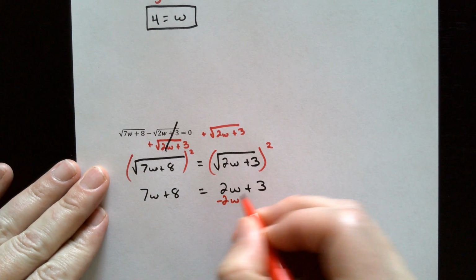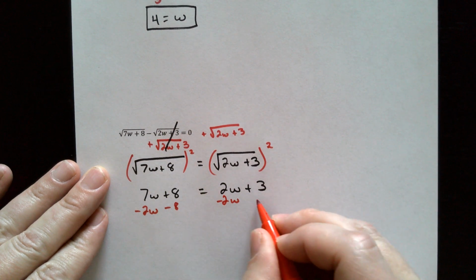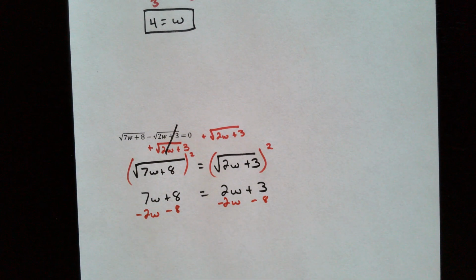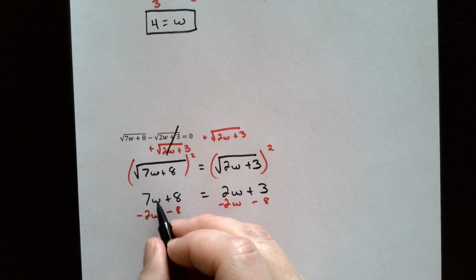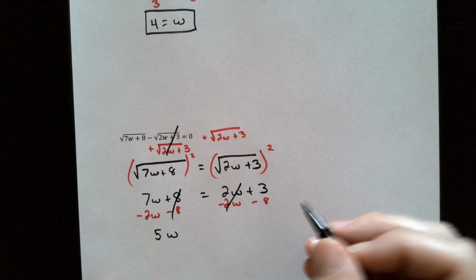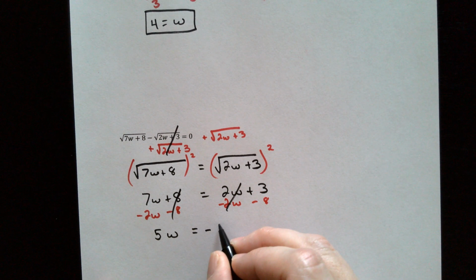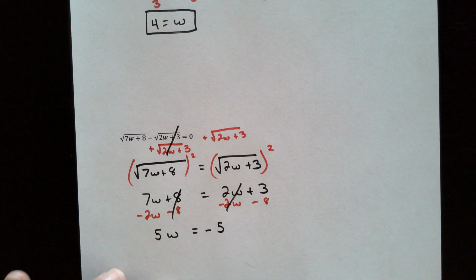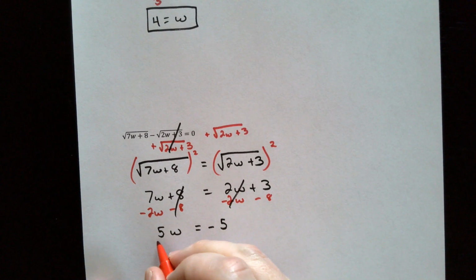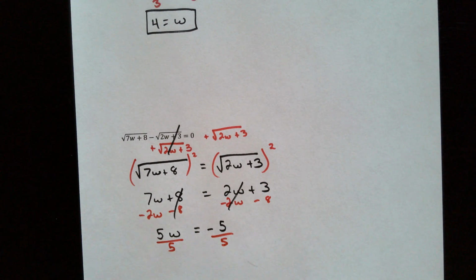So I'll subtract the 2w here, which means I need to get rid of this 8 by subtraction. So let's see, 7w minus 2w is 5w. That one goes away. That one goes away. And then 3 minus 8 is negative 5. Okay, and then we divide by 5. Okay, and you get w is equal to negative 1.